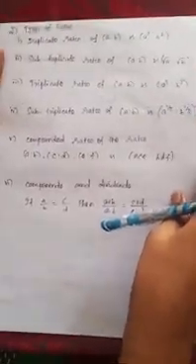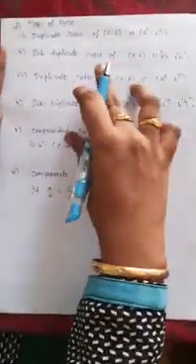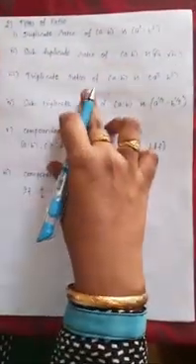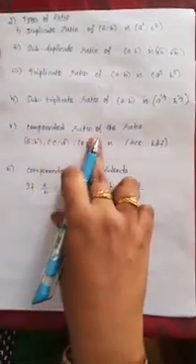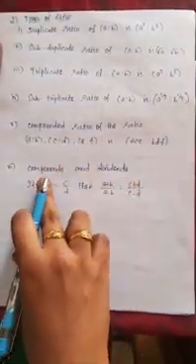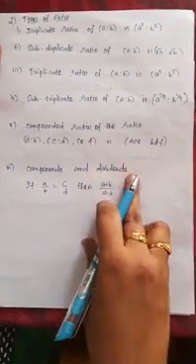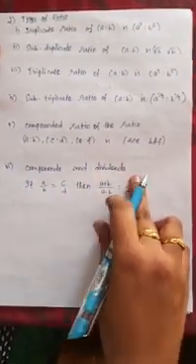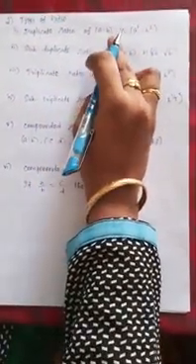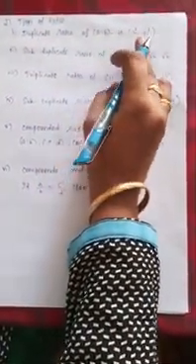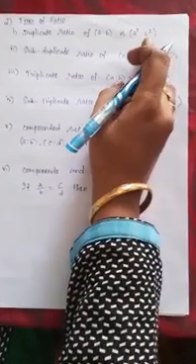Let's see some other types of ratio such as duplicate ratio, sub-duplicate ratio, triplicate ratio, sub-triplicate ratio, compounded ratio, and the componendo and dividendo rule, one of the important rules. First one is duplicate ratio. The duplicate ratio of A is to B is A square is to B square.